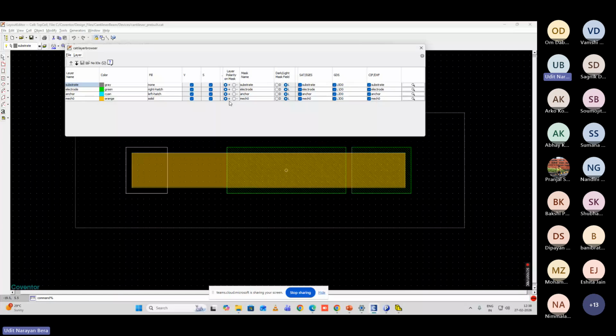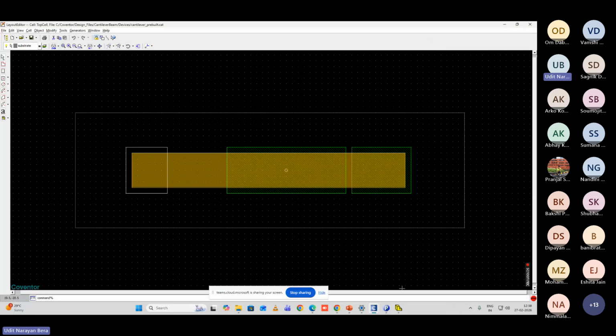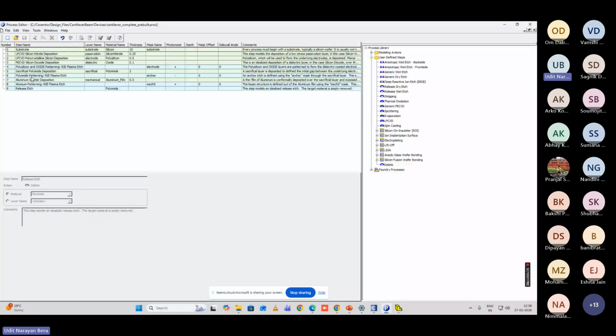So that's how we made the mask design and 2D layout in the layout editor. After that, in the process editor, we define the processes. There are a lot of processes available for different types of fabrication, but for the time being, I'm only explaining how a cantilever can be made.